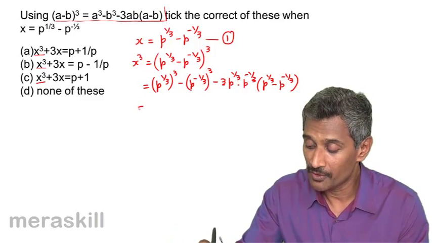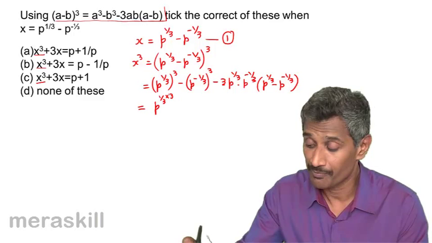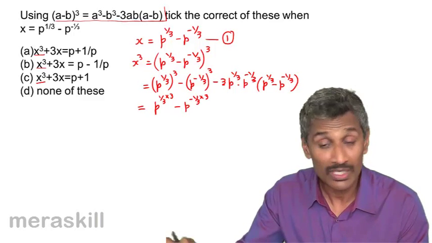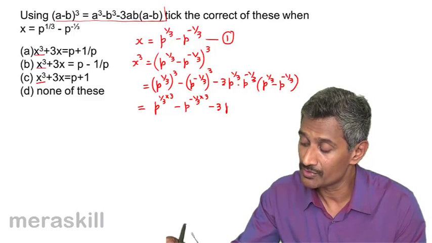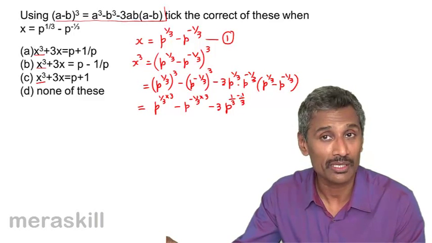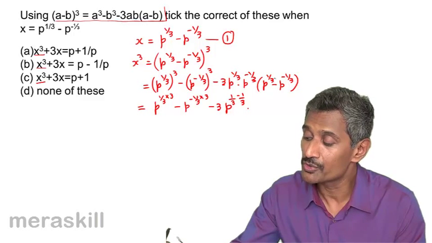Now if you use the power of power rules, we can write this as p raised to 1 by 3 into 3, minus p raised to minus 1 by 3 into 3. This would be minus 3 into p raised to (1 by 3 minus 1 by 3), and this we can resubstitute for our ease.